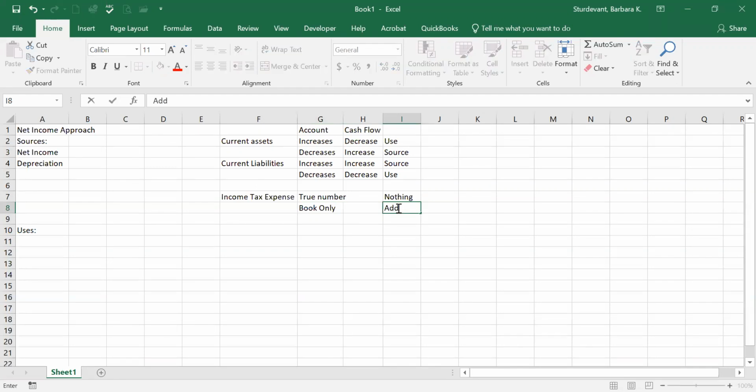You need to add the income tax expense under sources, and number 2, put the tax liability under uses.